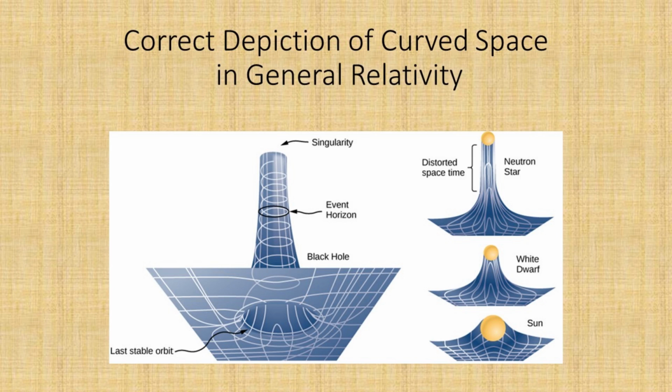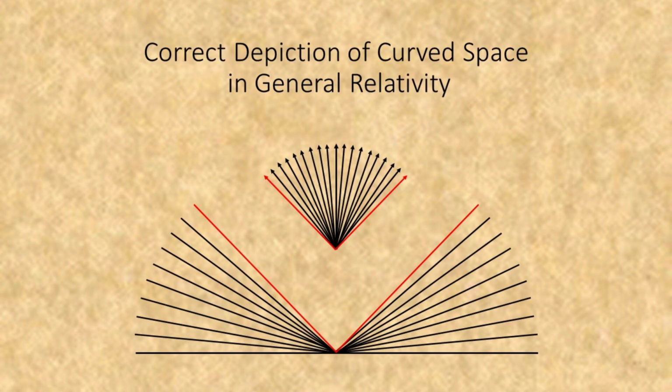Furthermore, these illustrations also have a far greater curvature than would be the case in reality. In reality, the curvature of space-time would result in a tilting of both space and time that would be equivalent to what you would get for the escape velocity at that point within special relativity. In this illustration, the upper arrows represent the arrow of time at various velocities, and the bottom one represents the equivalent tilting of space.